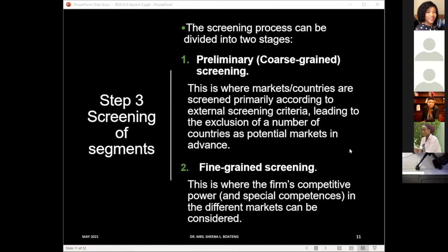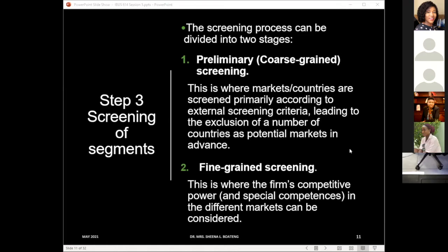So you realize that at the fine-grained screening level, what we end up with after the coarse-grained screening becomes highly specific and customized to the firm's situation, based on the firm's unique core competencies as well as its unique resource endowments. And that is what the fine-grained and coarse-grained screening is all about.